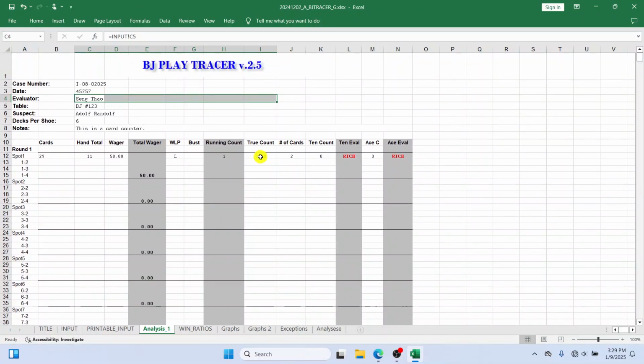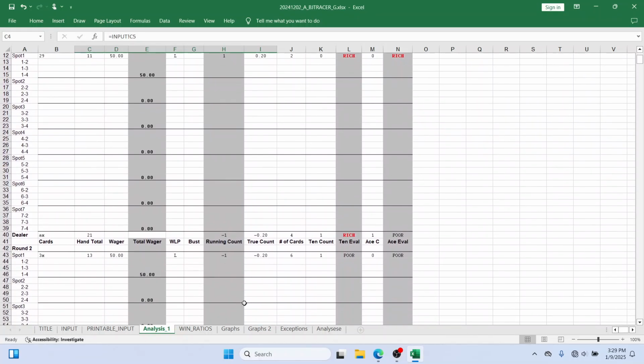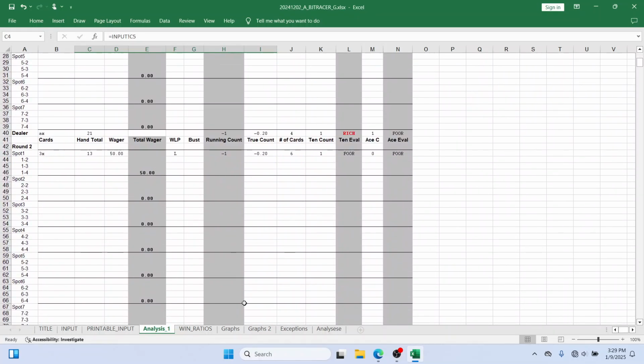True count is on the next column here after the running count. Number of cards played, 10 counts, 10 evaluation is rich in tens. Ace count and ace evaluation is rich. I'll go down here a little bit more.